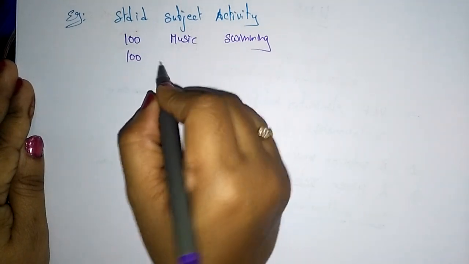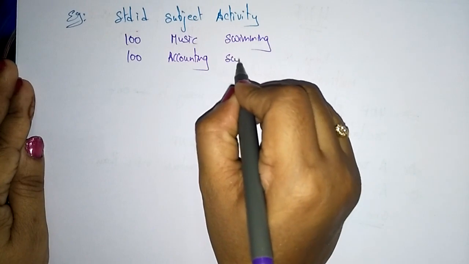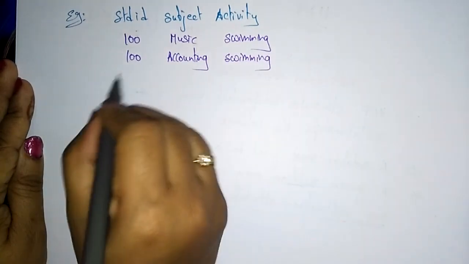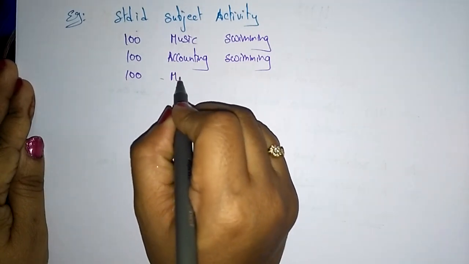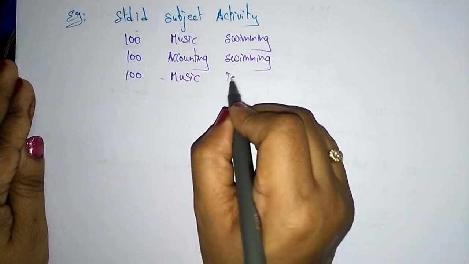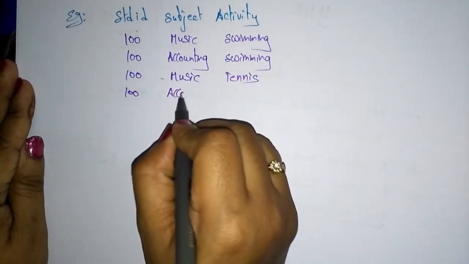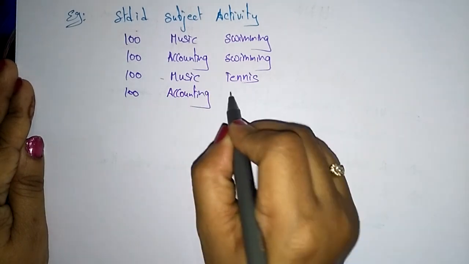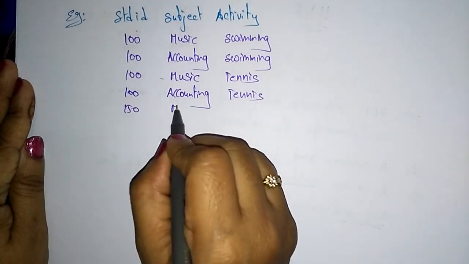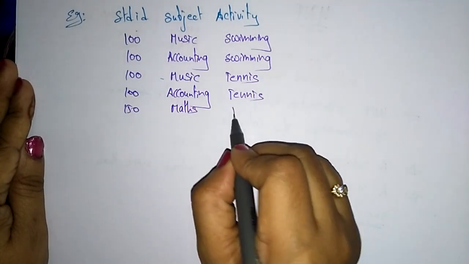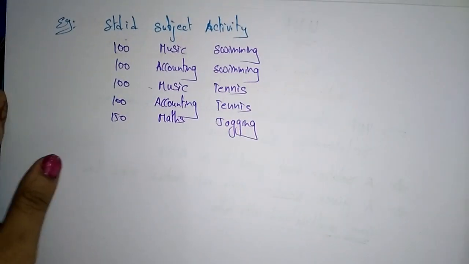The same student is doing accounting, and the same number 100 is doing tennis. So there is a lot of redundant data here. When we convert into 4NF, this redundant data will be reduced.